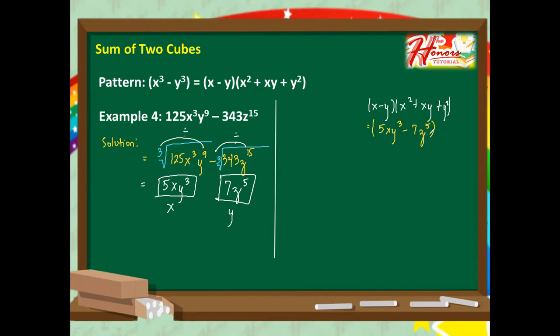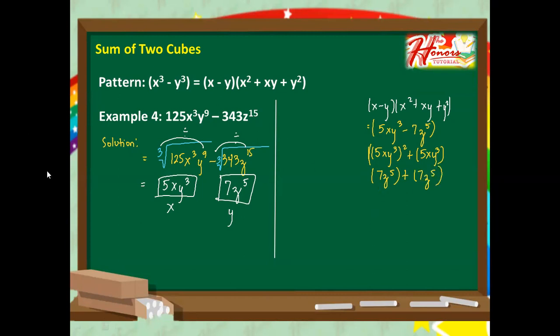Let me just write it here below. So that is the quantity of 5xy cube raised to 2, plus the value of x again, so that is 5xy cube, times y, so that is 7z raised to 5, plus y squared, so that is still 7z raised to 5, squared.